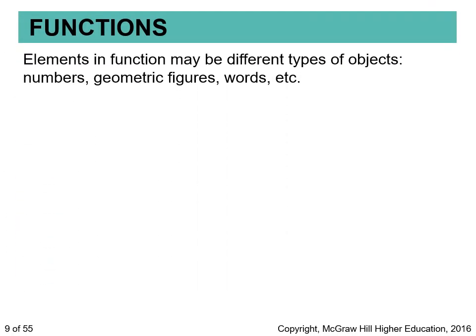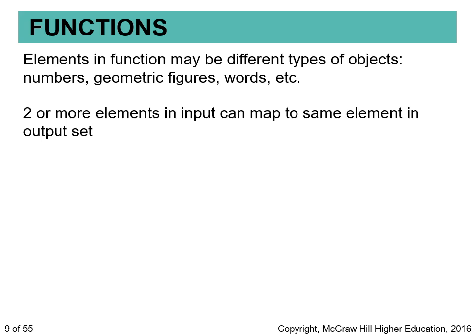Elements in a function may be different types of objects, numbers, geometric figures, words, etc. Usually in math, they're numbers and variables. 2 or more elements in an input can map to the same in an output.